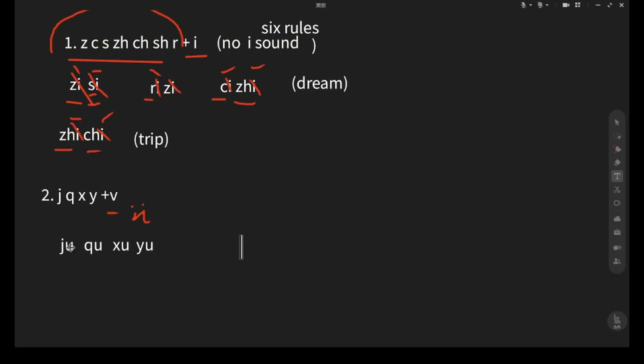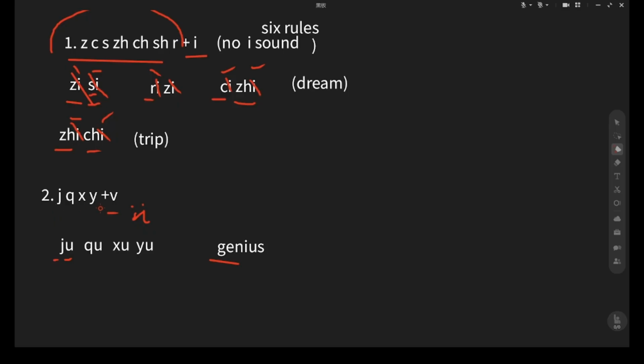So how to read this pinyin when this consonant is with this vowel together? First, how to read this one? Remember, j. So this is j, okay? So here is u, or ü, you see.